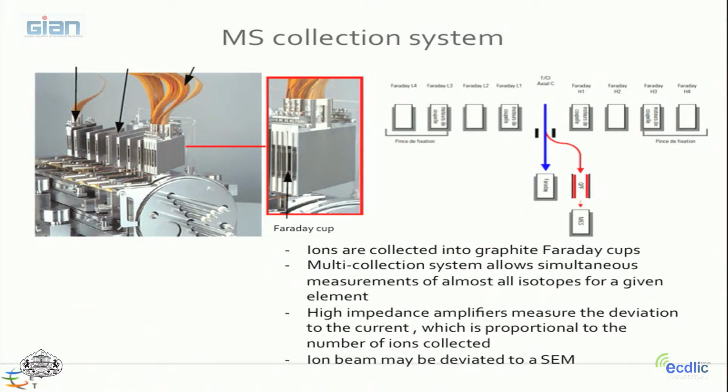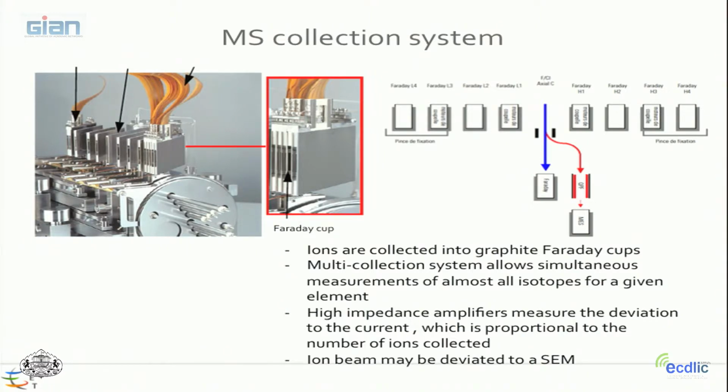Because there is very little spark, you are measuring a deviation from a certain current you are applying on your Faraday cup. If you receive 10 million ions, then you will have a deviation of 10 million sparks on the electricity you put at the beginning. That's the principle of measurement.